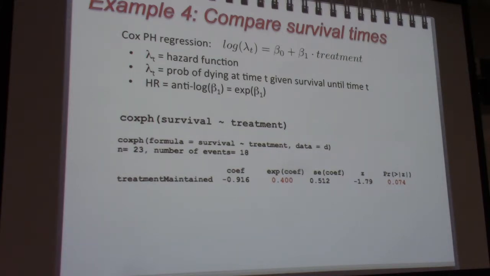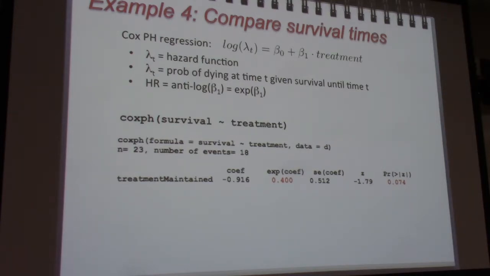You can see here that the hazard ratio, which is the anti-log of the beta, is 0.4. So treatment appears to decrease the risk of dying by 60%. That's the hazard ratio, and you can see the p-value is again marginal at 0.07. So you see we get the same answer, except we get it from a regression model.